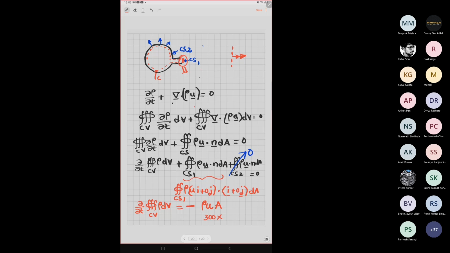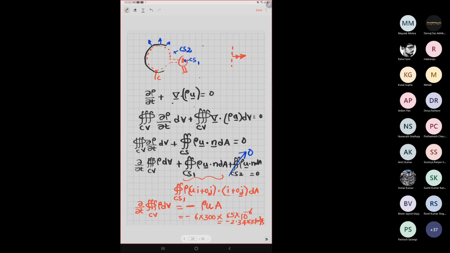What is the density? 6 kg per meter cube. What is the cross-section area? 65 by 1000 millimeter squared, right? Millimeter means 10 power minus 3, whole squared, 10 power minus 6. If you simplify this, it turns out to be minus 2.34 kg per second.